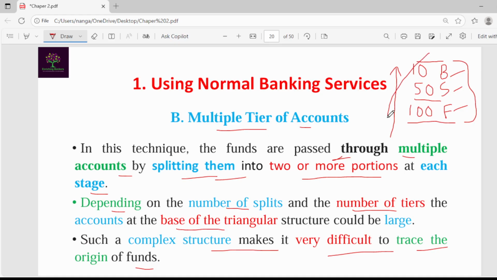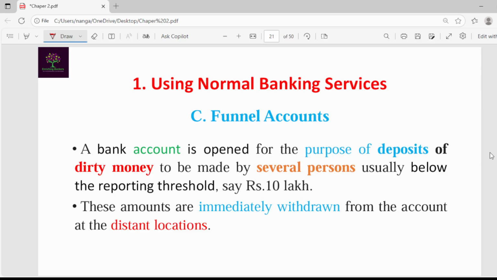If you construct a triangle here, the base of the triangle will always be large, because in this portion more accounts will be placed. So that is about multiple tier of accounts.